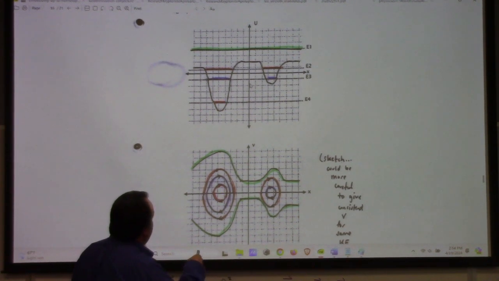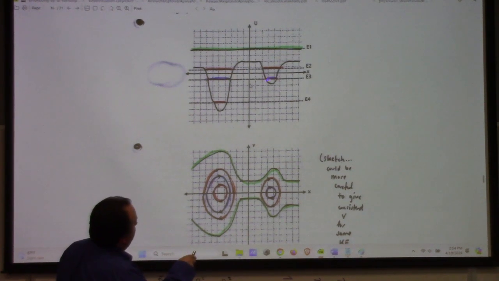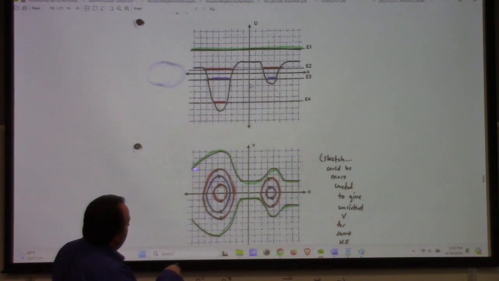That's it, because outside of that, you'd have negative kinetic energy, which is no bueno. And then up here, the blue, energy 3, gives you this guy and that little loop right there. Up here, energy 2, it gives you this guy and that guy. And then energy 1, the motion's unbounded, so it gives you this one and that one.